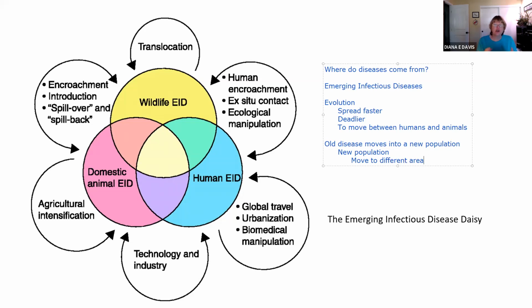This was a huge, huge problem when the Europeans started invading the Americas. We'll talk about this a little bit a couple of times this semester, but when the Europeans came to America, they brought diseases like measles and smallpox that nobody in the Americas had been exposed to before.